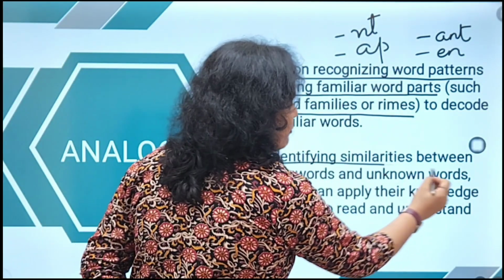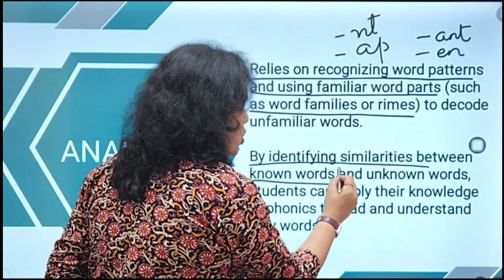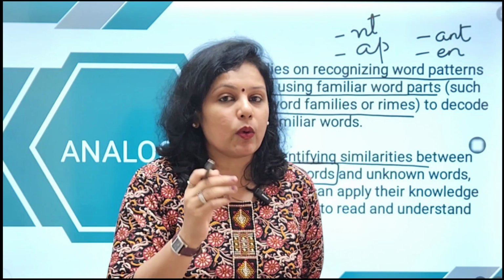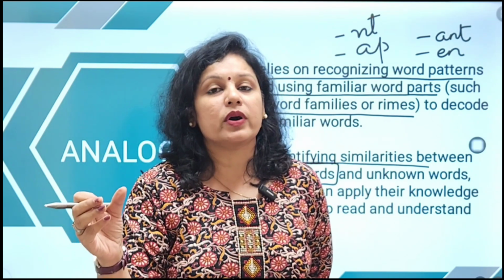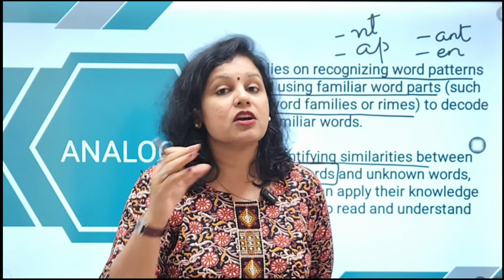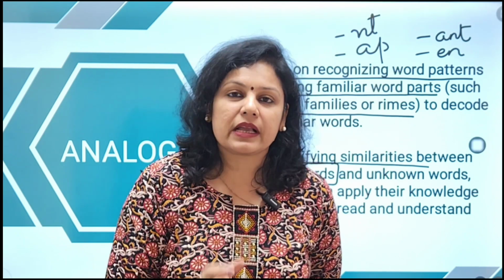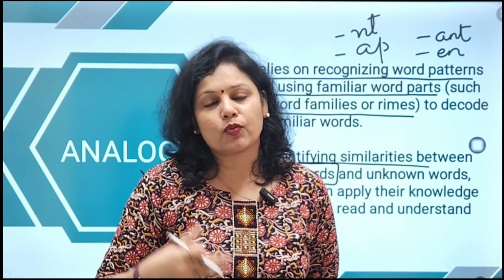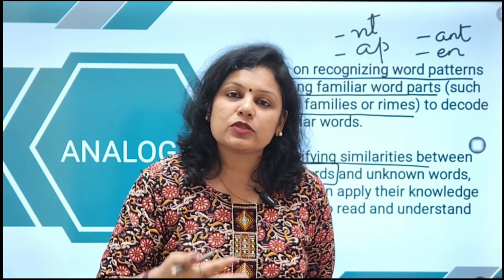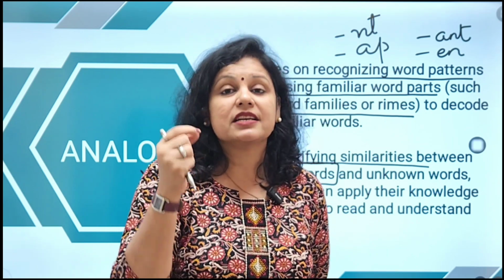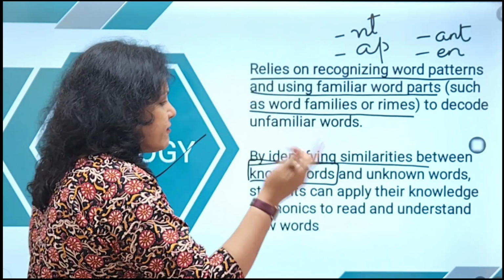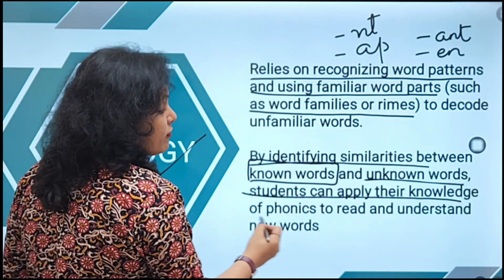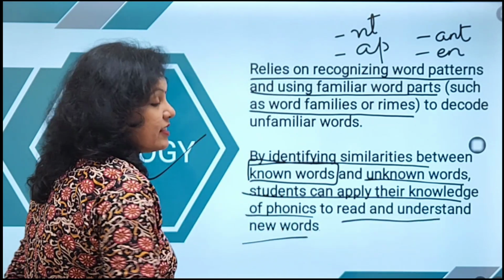So by identifying the similarities between known words, now a child may know a word, and recognizing a word which has the same family or the same pattern or the same onset or rhyme becomes slightly easy. So half the work is already done by recognizing the rhyme and the onset. That is why, keeping that point of view in mind, we begin with the word families. So with the unknown words, students can apply their knowledge of phonics to read and understand the new words.